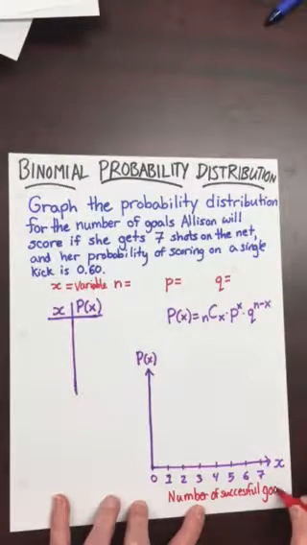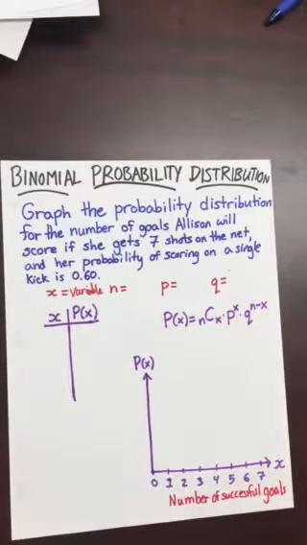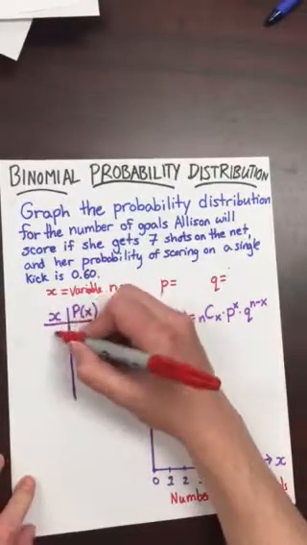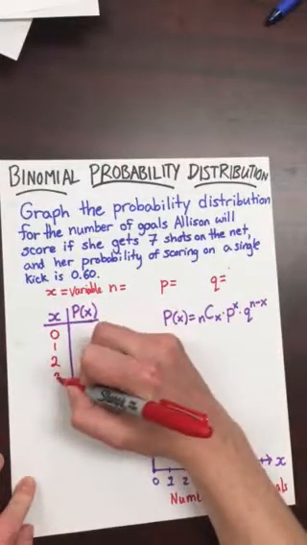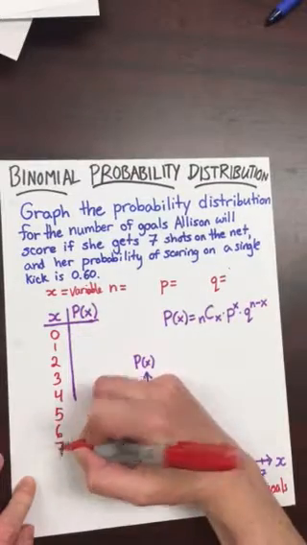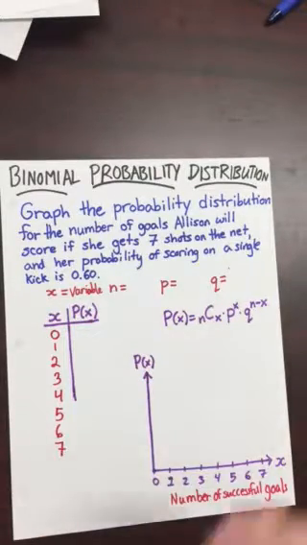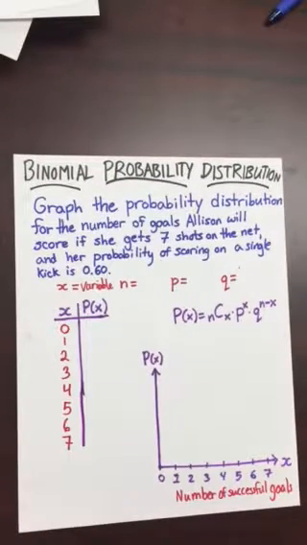I'll just label it at the bottom. So x could be anywhere between 0 and 7. Let's fill that in our little table of values too. X could start at 0, but it's going to go all the way up to 7, the most goals she could get. We're going to assume that Allison can't get an accidental goal where it just sneaks in without her actually trying to score.